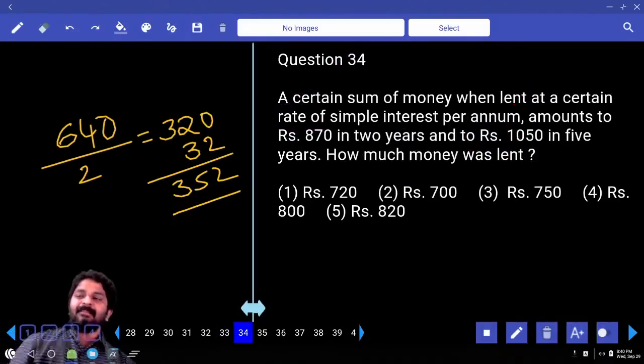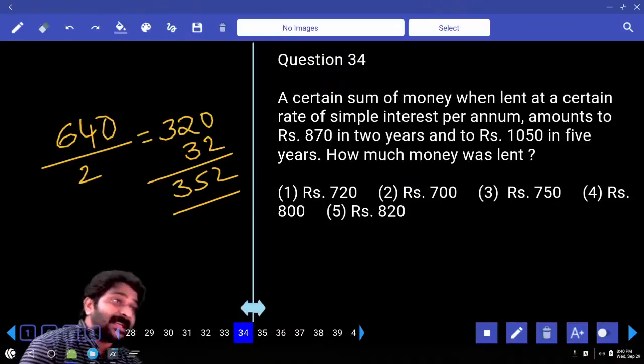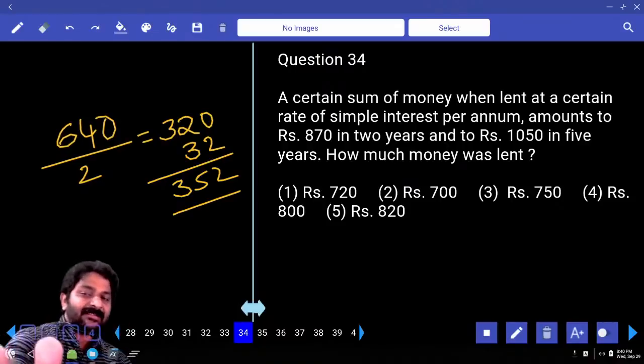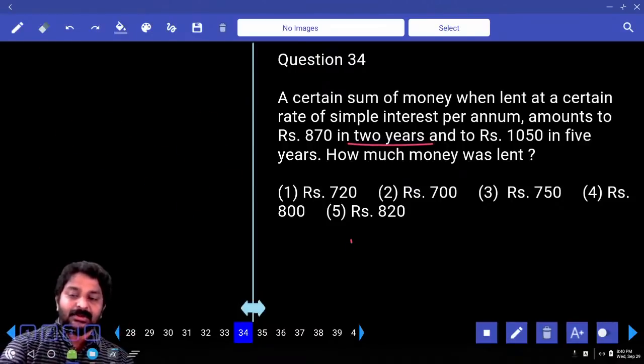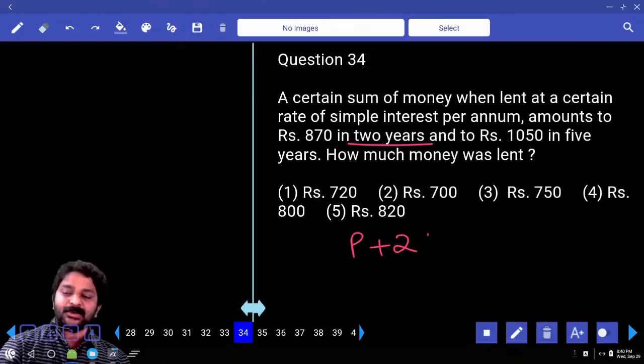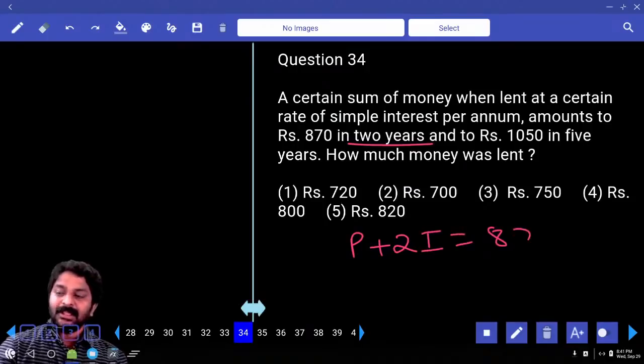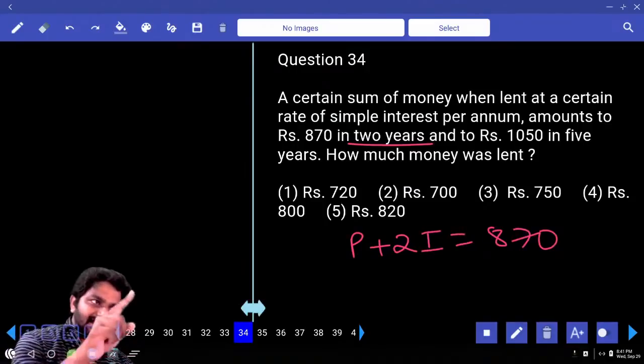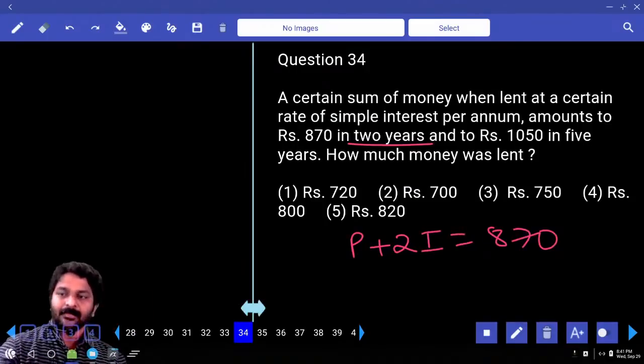A certain sum of money when lent at a certain rate of simple interest per annum amounts to, meaning principal plus interest, 870 in 2 years. So principal plus 2 years interest is equal to 870. For the sake of your understanding, I am writing 1050 in 5 years.